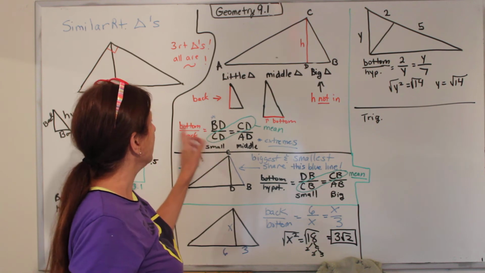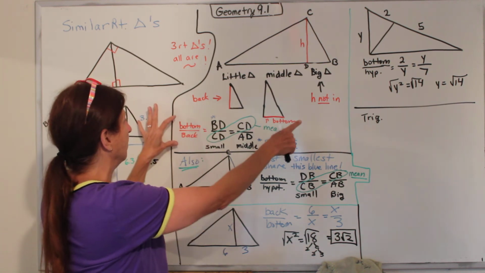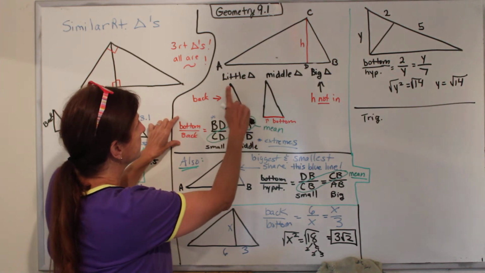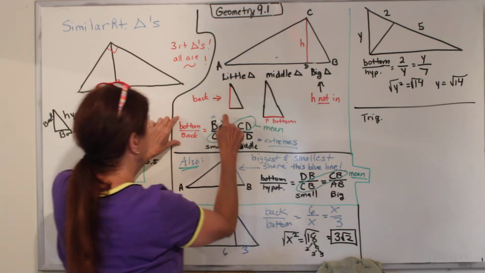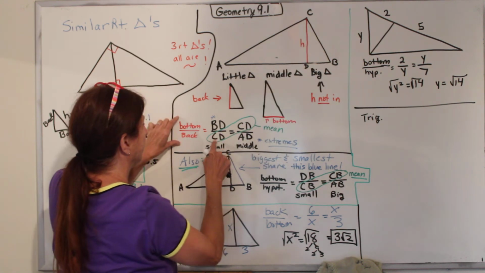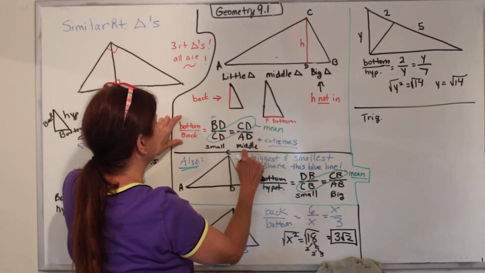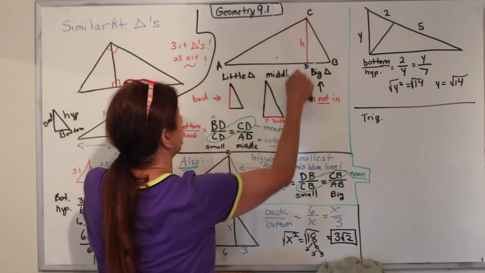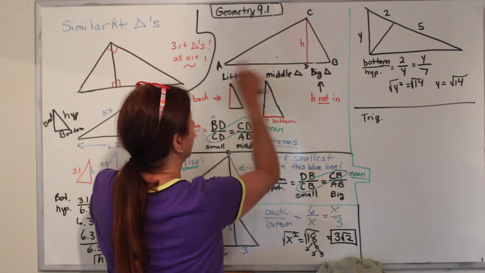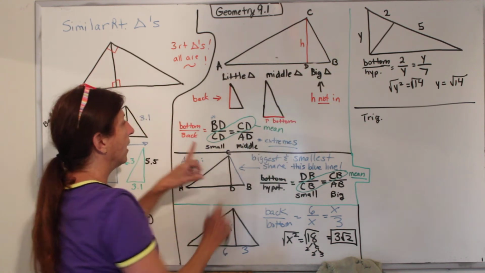Alright, so we can set up a ratio of these. The bottom of the little one is BD, and the back of the little one is CD. The middle-sized one, the bottom is the height, CD, and the back is AD, right there.